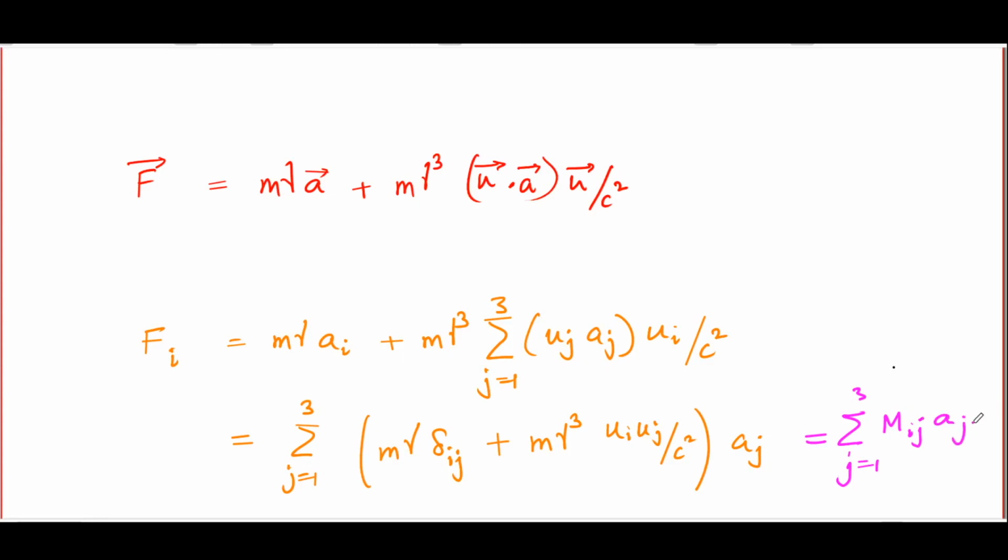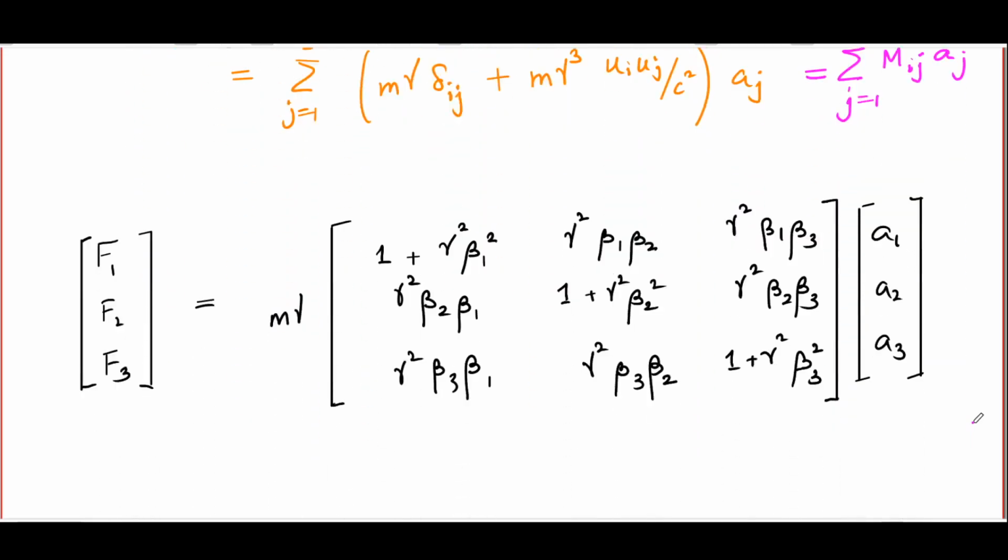That is, instead of a single number m, the mass, what you have is a mass matrix or a mass tensor. In other words, the way in which the force is related to the acceleration in special theory of relativity can be written in a simple matrix form given by the following.